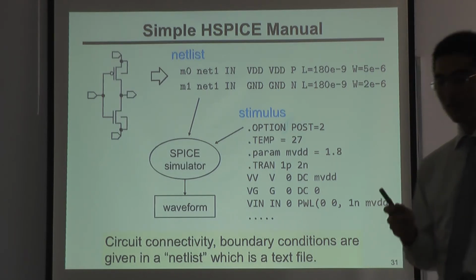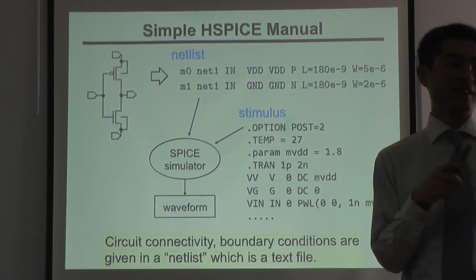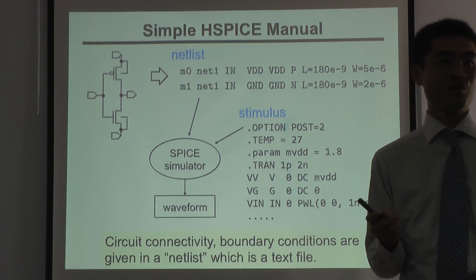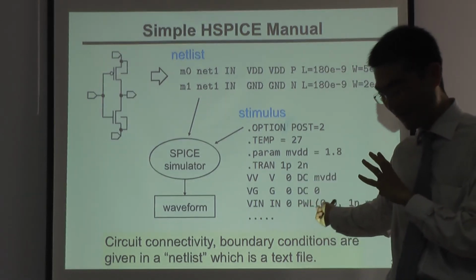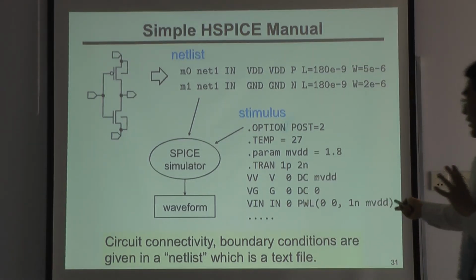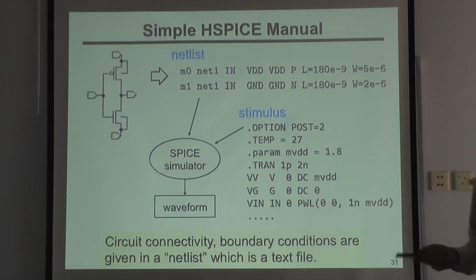But once you are used to Cadence automatically generating the netlist, as a circuit designer, I want all of you to be able to read the netlist in text form. In the netlist, these inverters are expressed like this. And also, this is the circuit. So the circuit is converted into a netlist by Cadence.